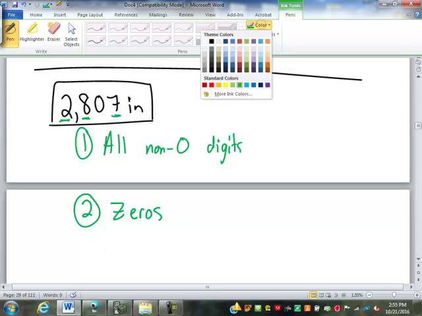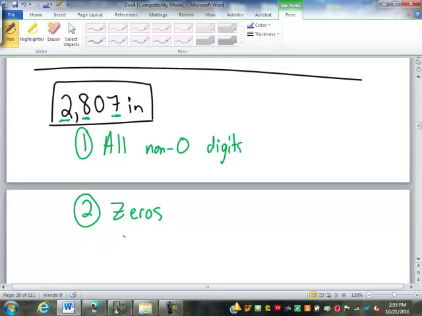So zeros are part of the measurement when they meet one of a couple of criteria, one of 3 criteria. 1, they are between other significant digits.